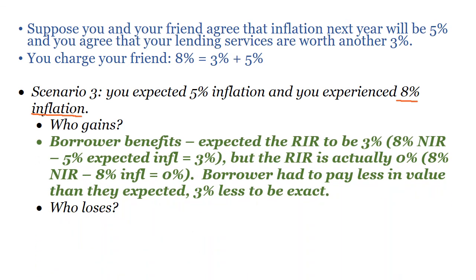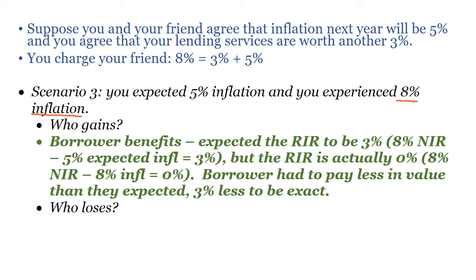So the borrower benefits in unexpected inflation because, in this case, we expected the real interest rate to be 3%. Because we had 8% nominal interest and we expected 5% inflation. So we thought, okay, the borrower was going to have to pay back 3% in profits to the lender.